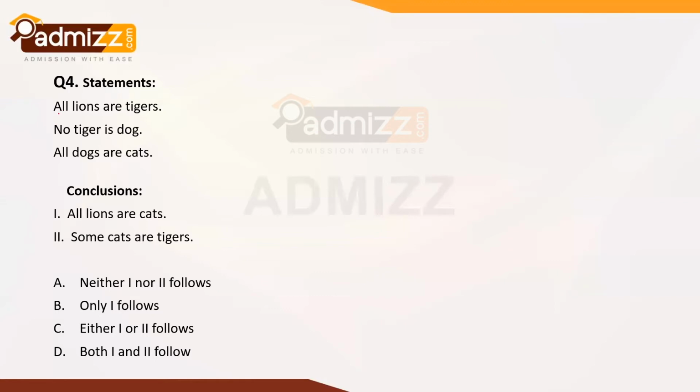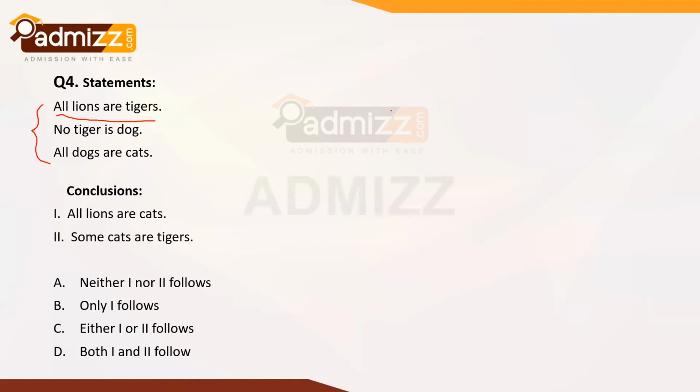So the statements that we are provided are: 1, all lions are tigers. So we'll quickly be drawing the sets, Venn diagrams. Most of you are guessing the answers correctly, but the answers are quite mixed in the chat. So I'll be revealing the correct answer soon.